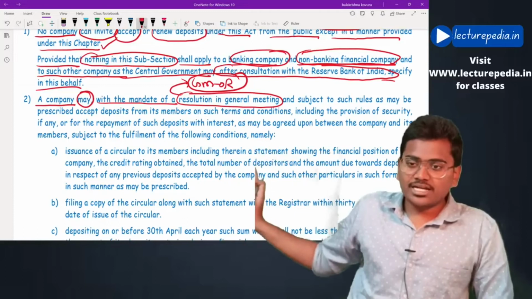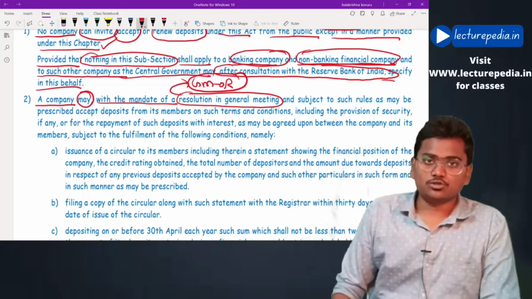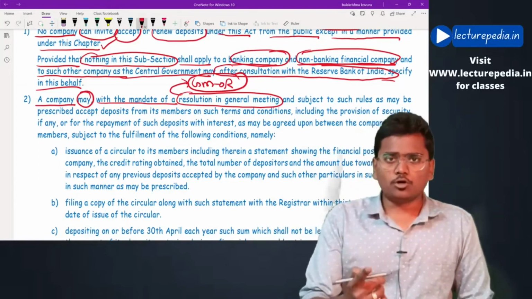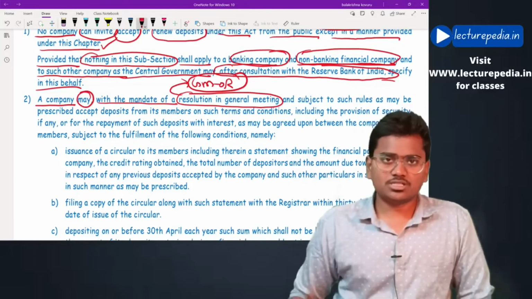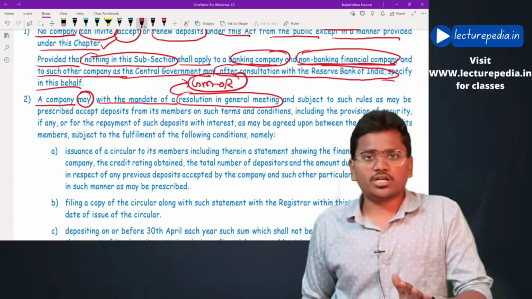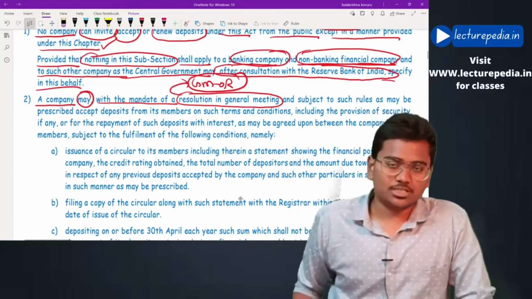Here it is not written as special resolution, so you can assume it as ordinary resolution. Hope this is clear. Now, I hope you know the difference between ordinary resolution and special resolution. Simply remember that ordinary resolution means majority, 51%. Special resolution means 75%, you can say.